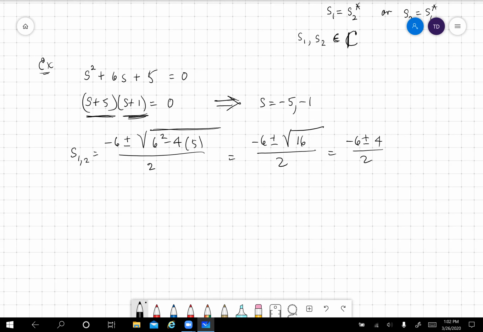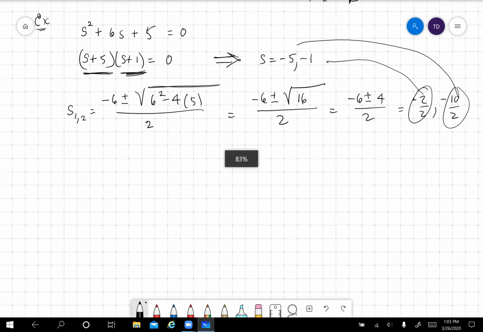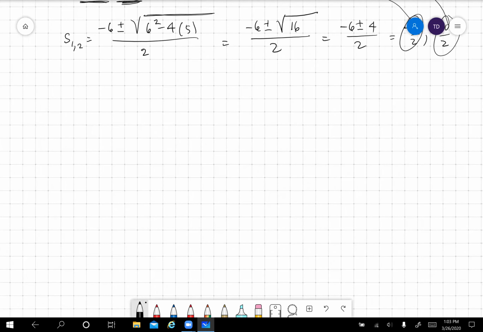So now, taking the plus, that's minus 6 plus 4, that's minus 2 over 2. And minus 6 minus 4 is minus 10 over 2. And you can see that that is negative 1, and that is negative 5. So your answer will always come out using the quadratic formula if you feel like you're not very good at factoring. So that's an example of real distinct roots.